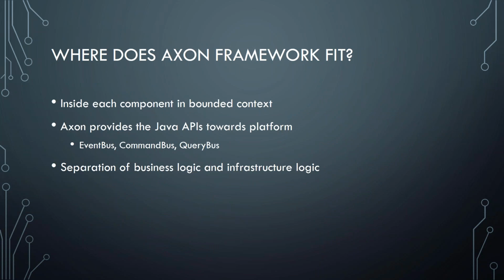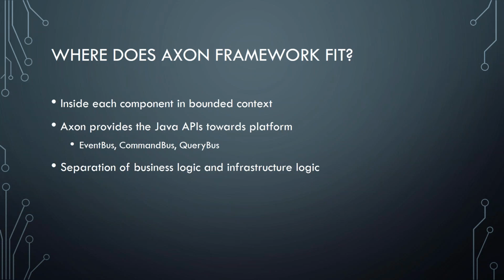So AXON framework in itself helps these components, each individual component within the bounded context, by providing these APIs. Right? There's the event bus, command bus, and in the future you can expect a query bus as well. We provide the abstractions to send messages or to receive messages, and that works very nicely within these components.